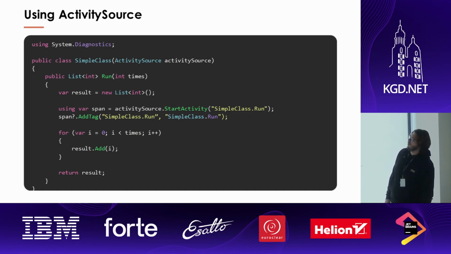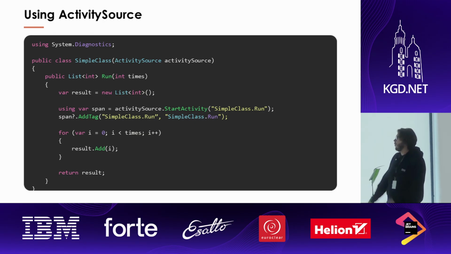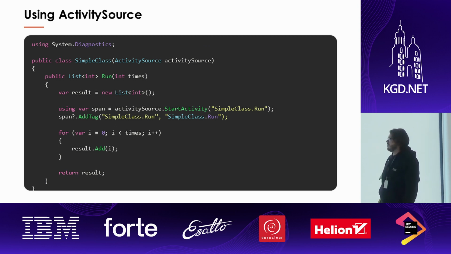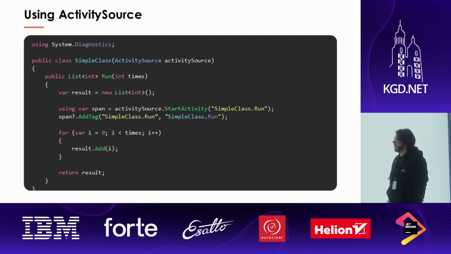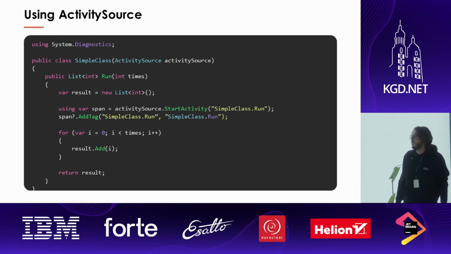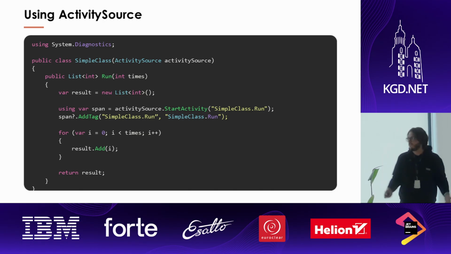Then we will be able to add this... I didn't fix it on the slide, but whatever. Here must be this instrumentation class, and we execute activity from that instrumentation class, creating an activity with the method start activity, and add tags, add events, etc., as we want.